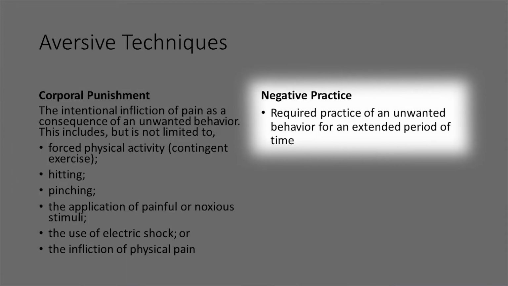Negative practice. This is the requirement of unwanted behavior after that unwanted behavior has been observed. So if somebody's diabetic and they're eating candy, a punishment might be to have that person eat the whole bag of candy because they would obviously not feel well after that.